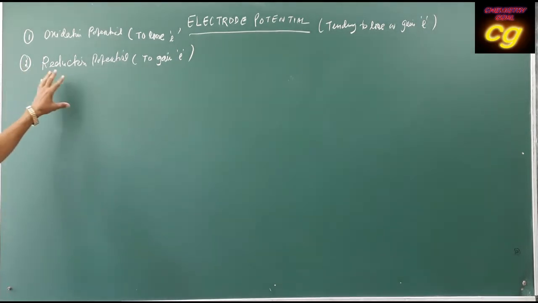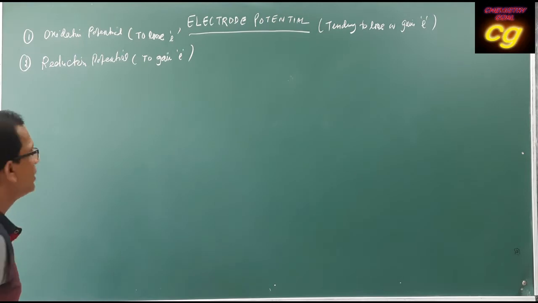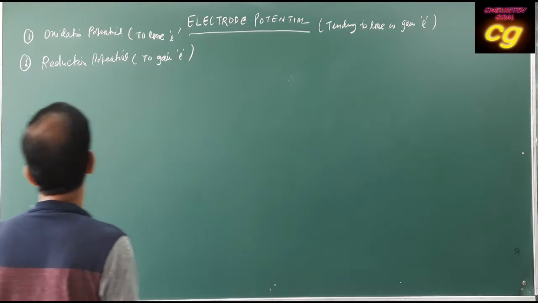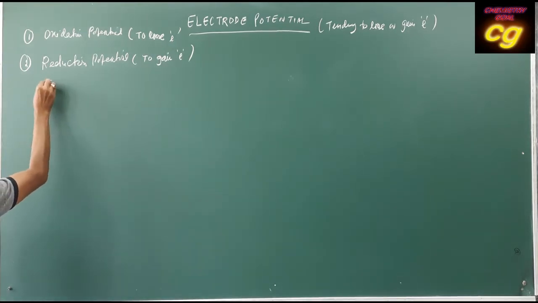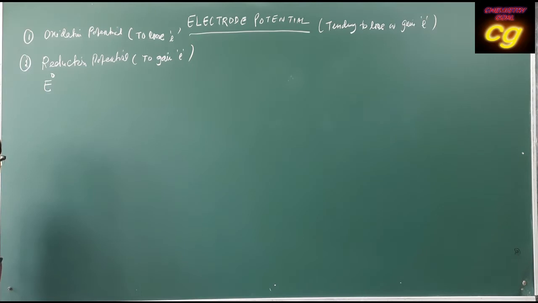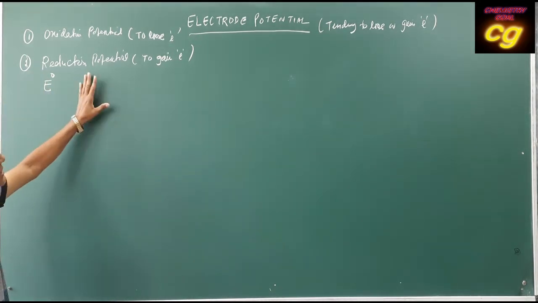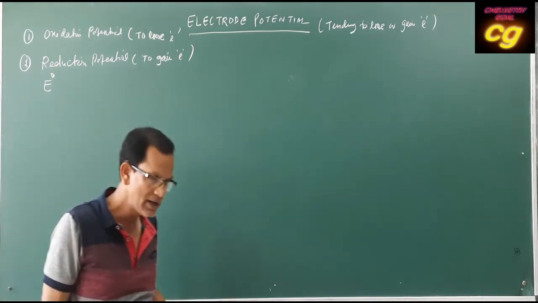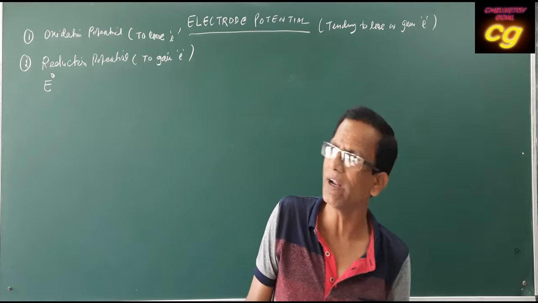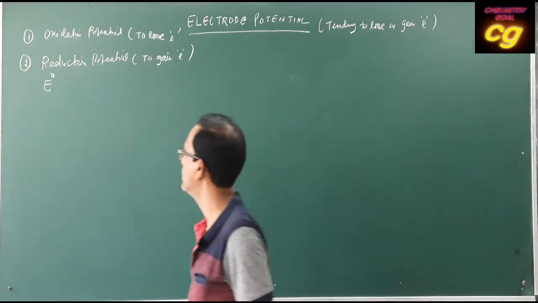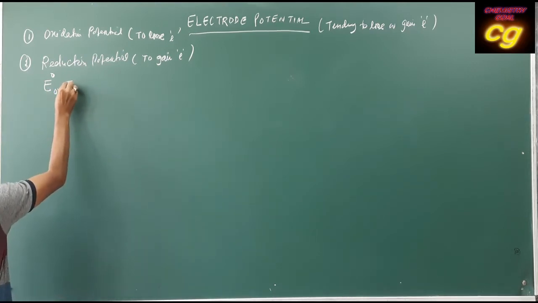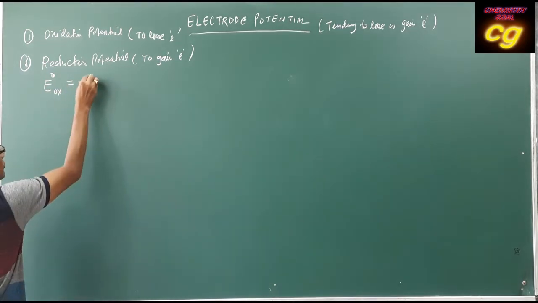When this potential is measured in standard state, it is called E naught. Standard state means, as we have already read, 25 degrees Celsius and 1 atm pressure. Oxidation potential and reduction potential are just opposite.